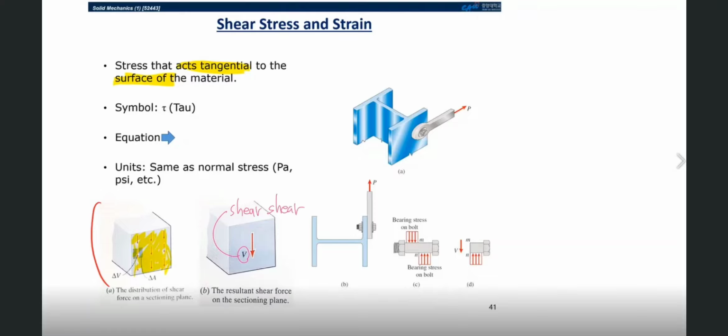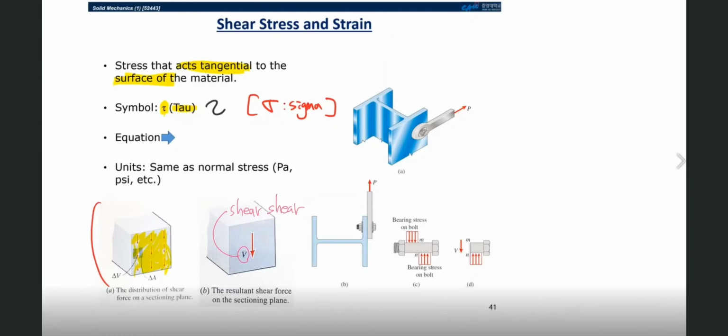Okay? And the symbol of shear stress is like this. I'd like to write it down one more time like this, and we call this tau. The normal stress symbol is sigma, and this is normal stress, sigma, right?